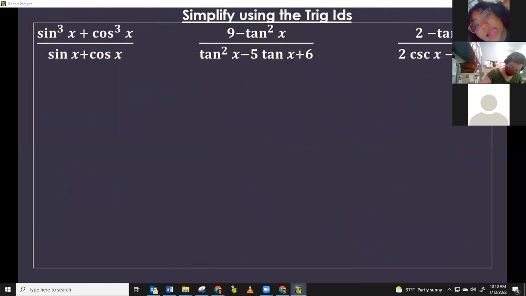Remember, things that I want to keep in mind: the fundamental identities. I've got my Pythagorean identities, we have our reciprocal identities, and then we have our tangent and cotangent identities. We need to move that to the other side.